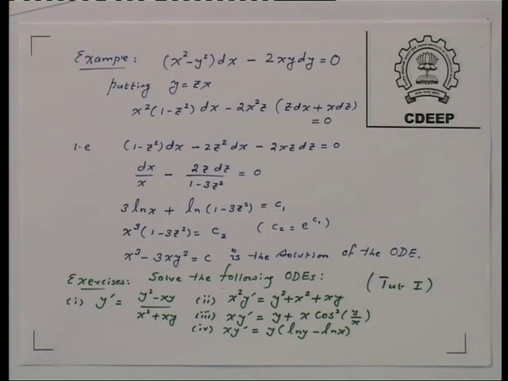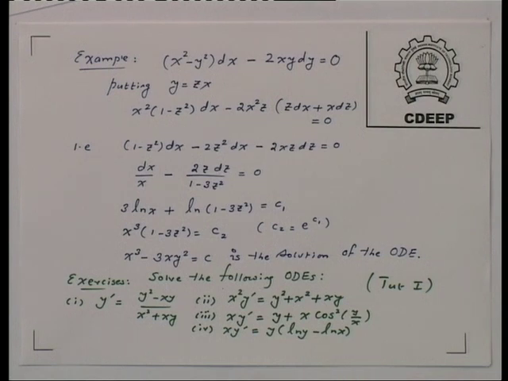I hope I have not made a mistake in the algebra, but if the algebra is correct, then you see that you have to first divide by x to get the dx by x, and then you have to divide by the coefficient of dx, which is 1 minus 3z squared, right. So, you get, is it correct? dx by x minus 2z dz upon 1 minus 3z squared equal to 0, variable separable.